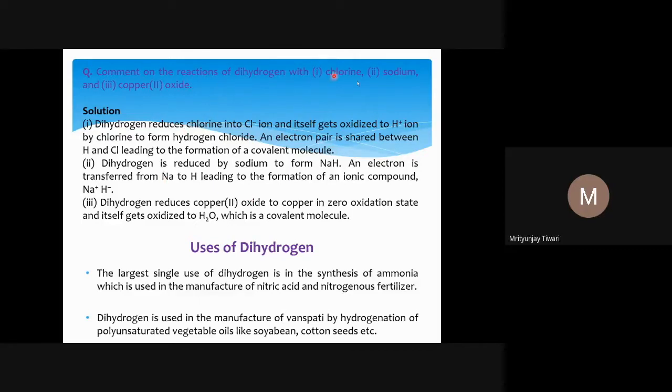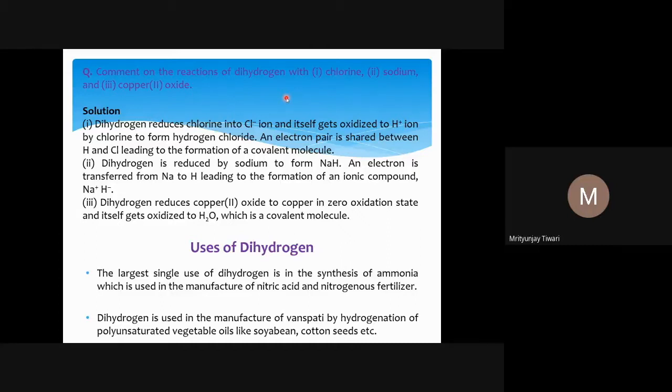Now the reaction of hydrogen with sodium. What we know here is that sodium is a metal, a highly electropositive metal. Electropositive metal means it will donate its electron, and that electron will be accepted by hydrogen, because we know hydrogen is a non-metal.